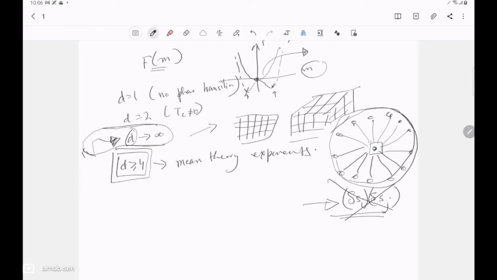So I hope you remember this. If there is any confusion till this point, just ask me. And of course, I also showed you how to calculate the exponents within mean field theory, the critical exponents. So if there's any confusion till this point, just ask your question.